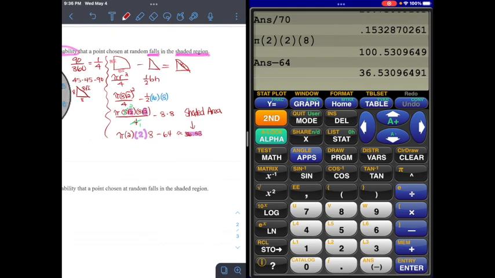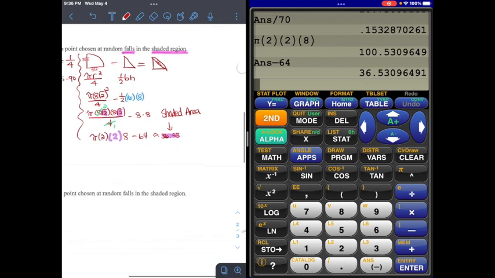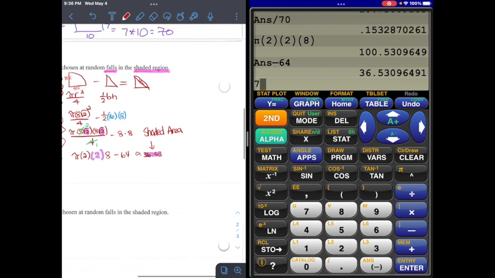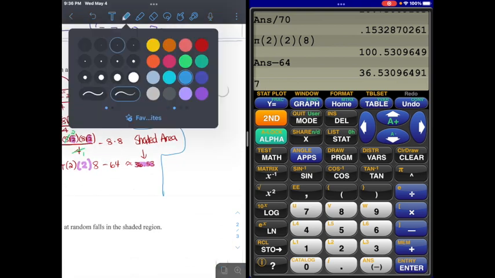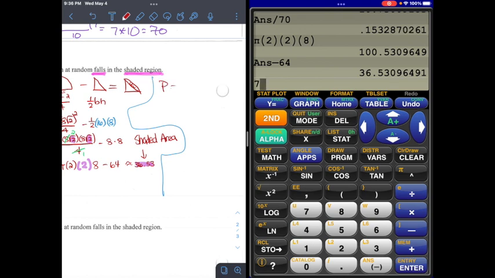Now once you know that's the shaded area, we have to take it into the total. The probability is going to be equal to shaded area over the total. Now the total in this case is really just a circle. So I'm going to find the circle, which is going to be pi r squared. And the shaded area is going to be what I have before, and that's going to be 36.53.